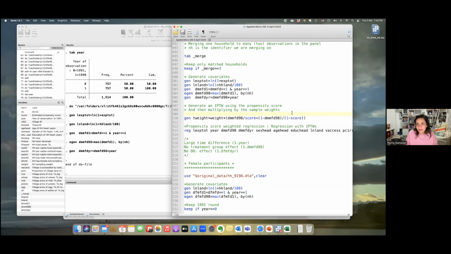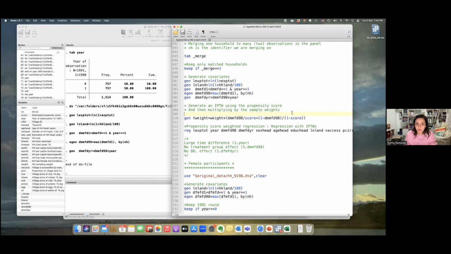Today, since the beginning, we're talking about diff and diff, and we said that diff and diff is a way to control for the unobservable characteristics that are not varying over time. Usually you use it when you have panel data, which means that you are observing your participants and non-participants over 2 periods in time: a period before the intervention and a period after the intervention.